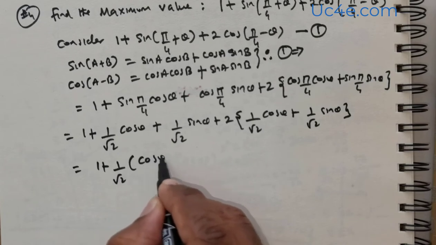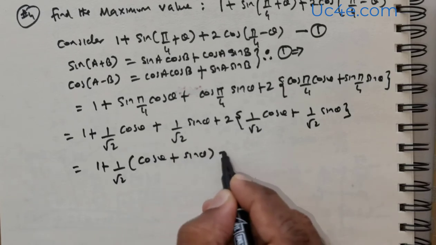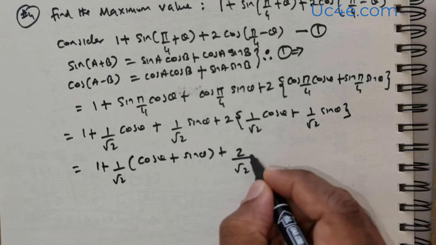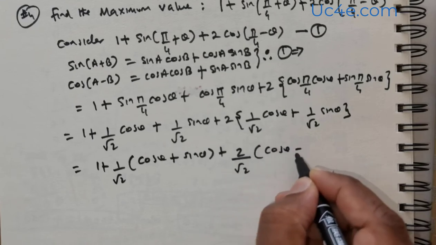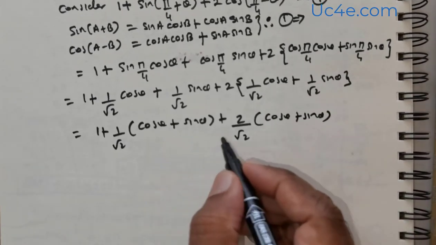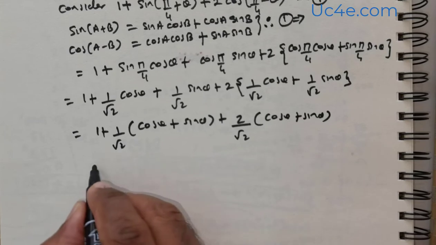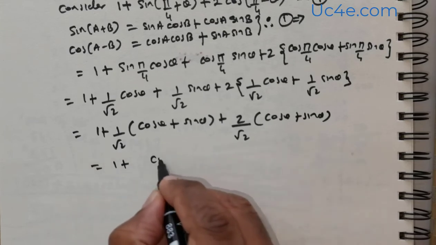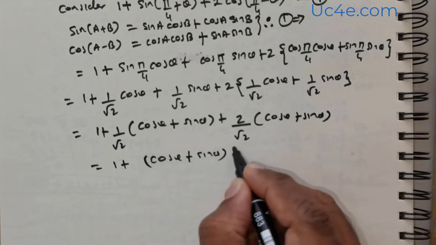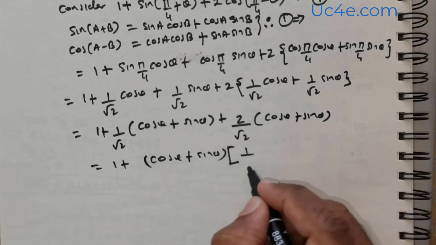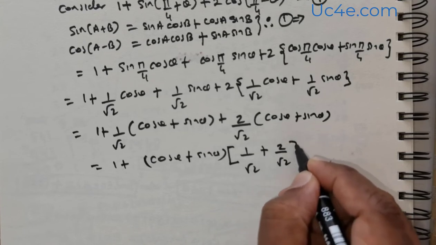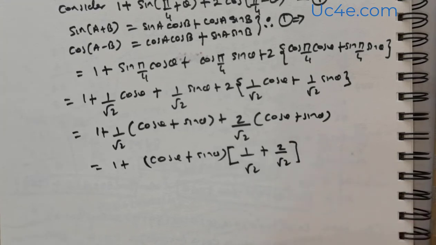That would give me cos theta positive sin theta. I can take 2 over root 2 cos theta positive sin theta. So I got a cos theta positive sin theta. Now if I were to take that out, this is going to give me cos theta positive sin theta of 1 positive root 2 positive 2 over root 2.